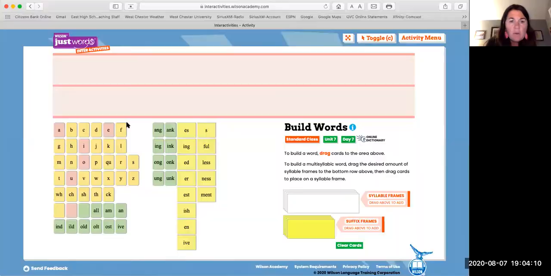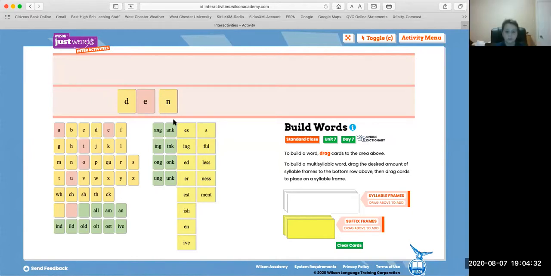Now I'm going to go back to our build words. One second. And I want to show you these words. How about if I put this word up here? What is this word?